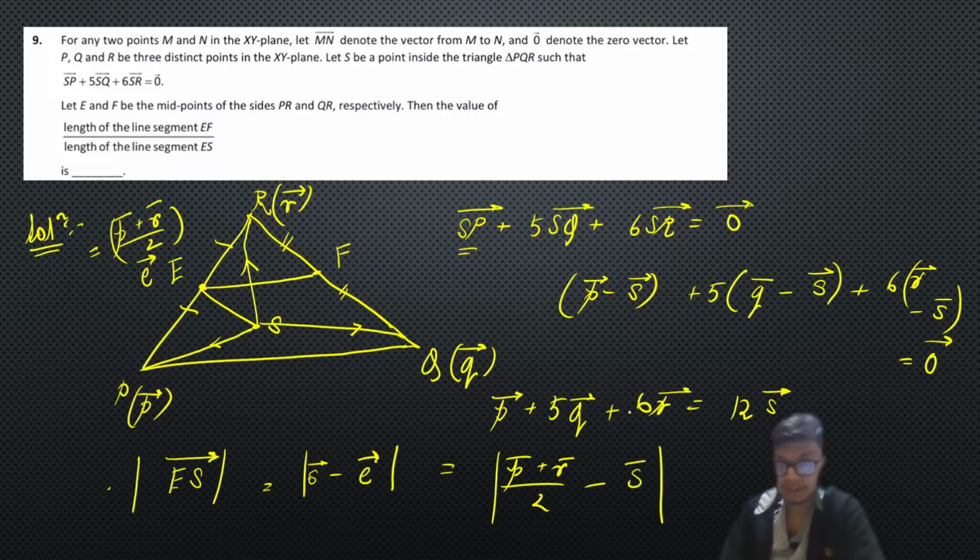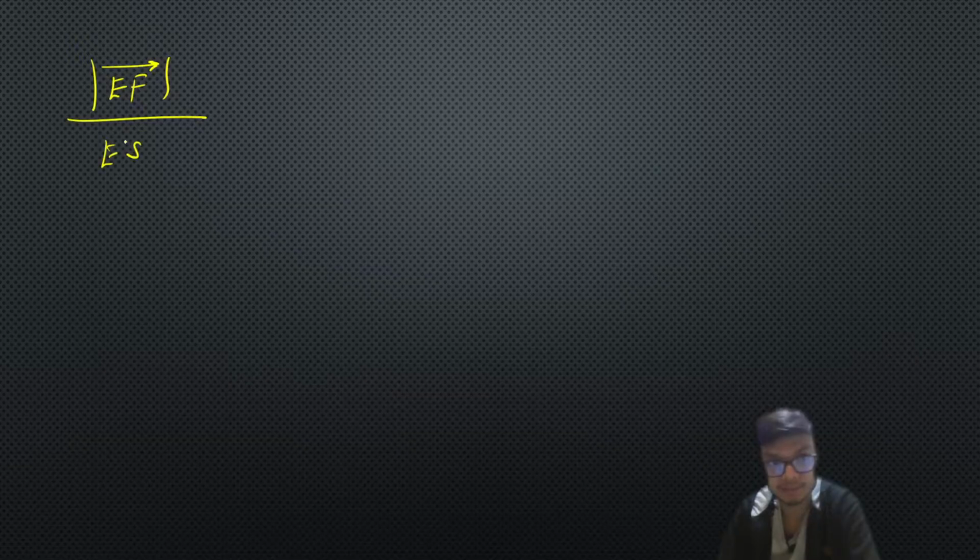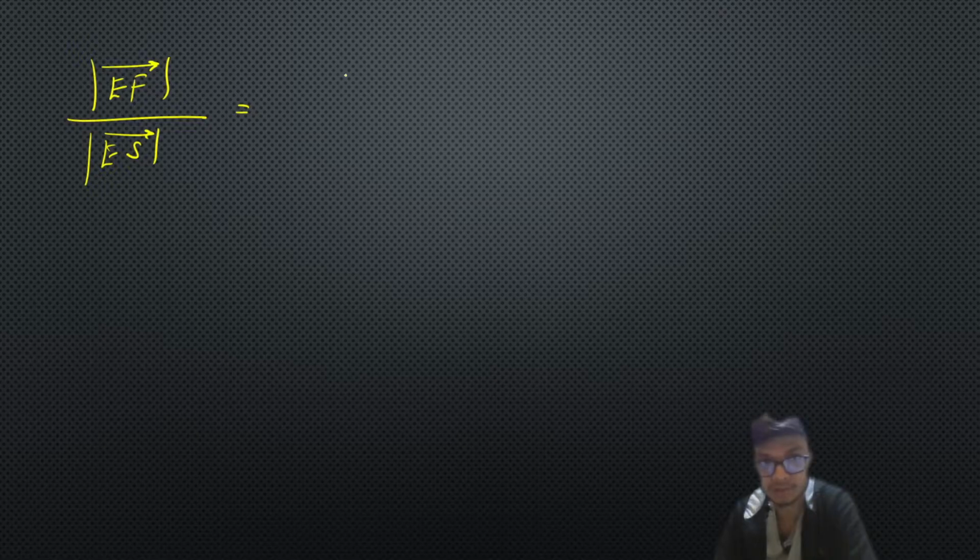Then if I put the s vector over here, this is going to turn out as 5 times p vector minus 5 times q vector divided by 12, and mod of that, because we are interested in finding the magnitude of it. Therefore, if I try to find the ratio of these line segments, it is simply given by the ratio of the moduli.